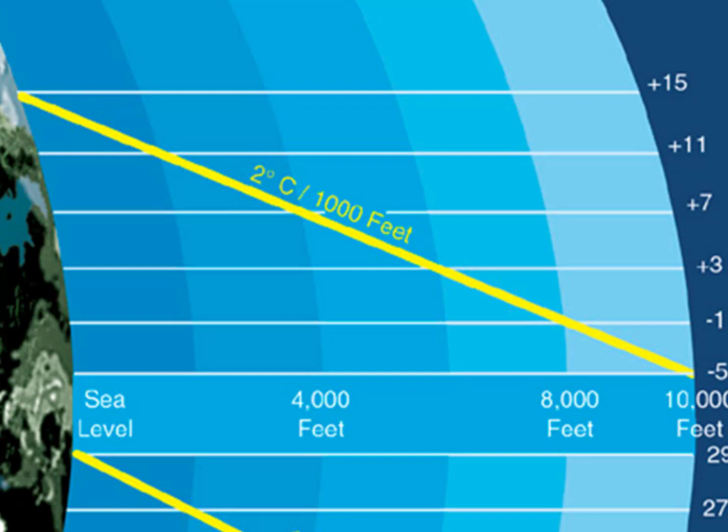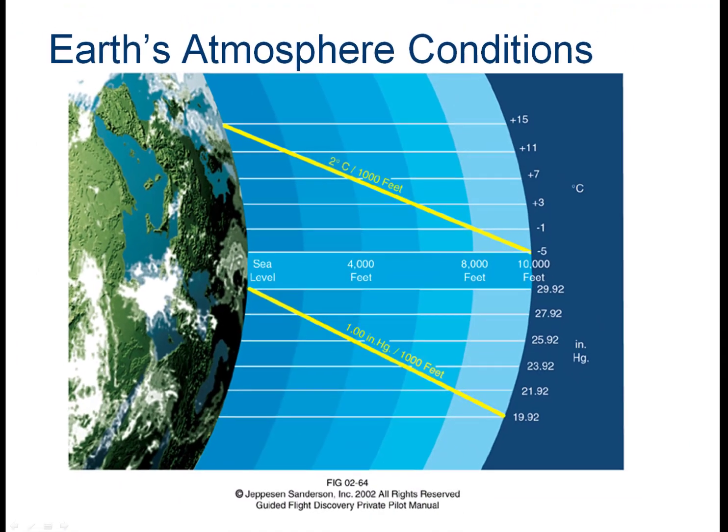So if I start out at 15 degrees centigrade at sea level and I climb 2,000 feet, I should have gotten 4 degrees colder, or 11 degrees centigrade. So this is true when we're in the troposphere.